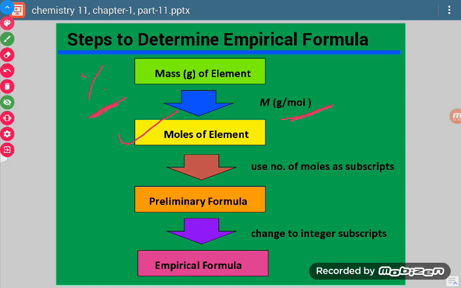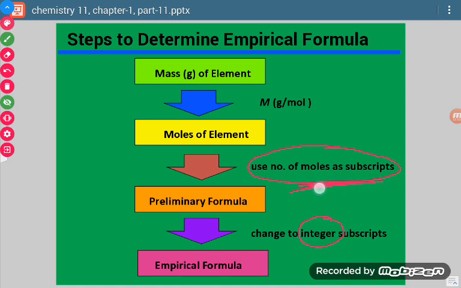Now this number which tells us about the moles, that we will write as subscript. Subscript means that if this is the symbol and 2 is the number, then we have to write it at the foot. So this is called subscript. Now we will see whether those numbers which are found are integers or not.